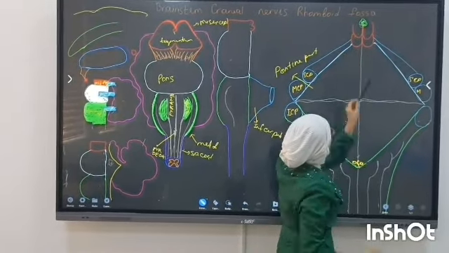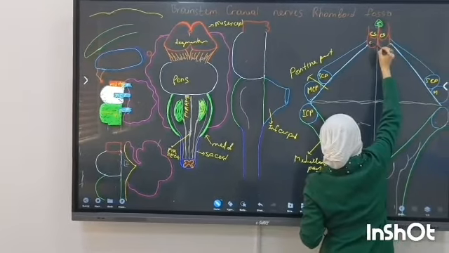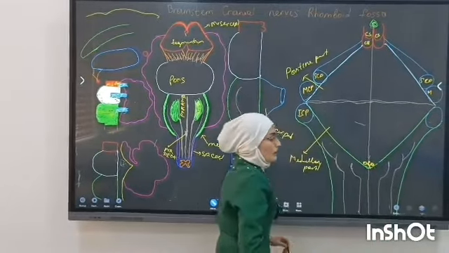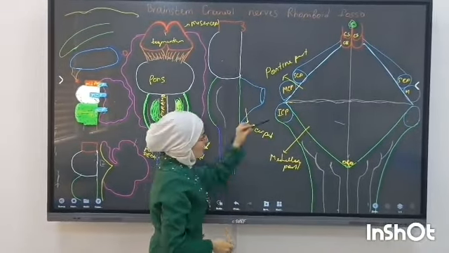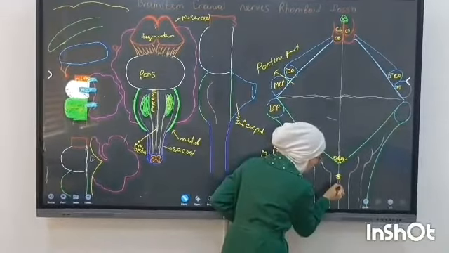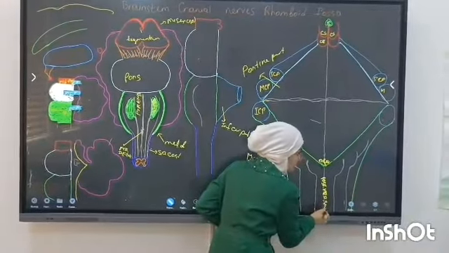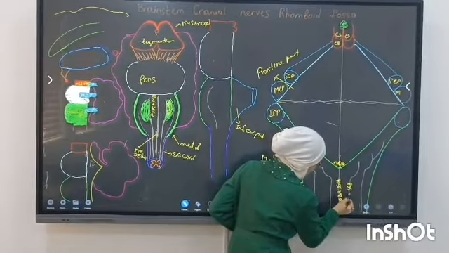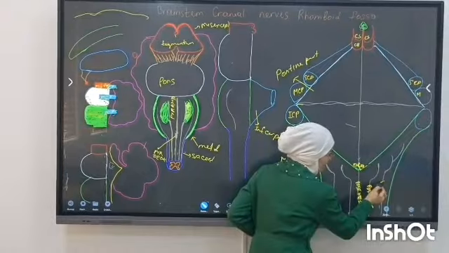This is the superior colliculus, and the inferior colliculus. In the middle, the stria medullaris. And the posterior median sulcus, the posterior intermediate sulcus, and the posterior lateral sulcus.